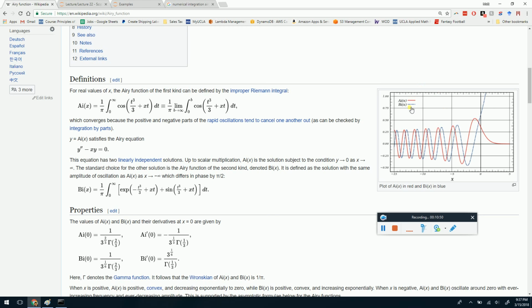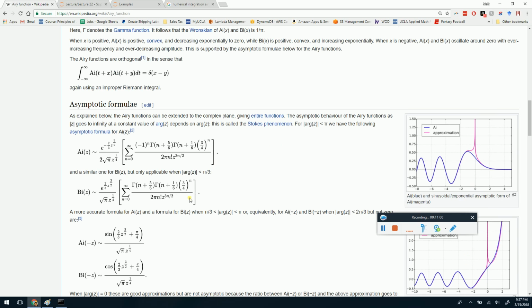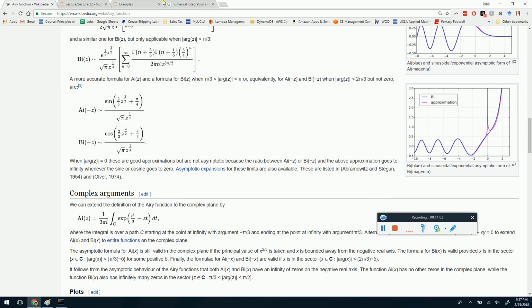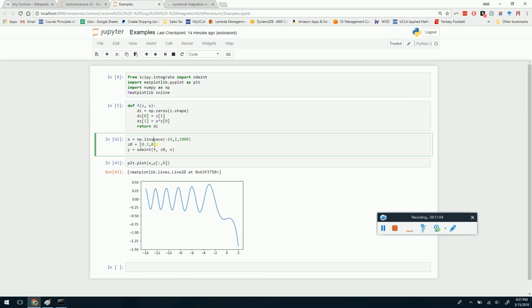So if you get any part of this Bi in there, then your solution is going to go off to either positive or negative infinity, depending on the sign wherever you started. So it's not unreasonable that we are getting a crazy solution that blows up or down for anything greater than 0.